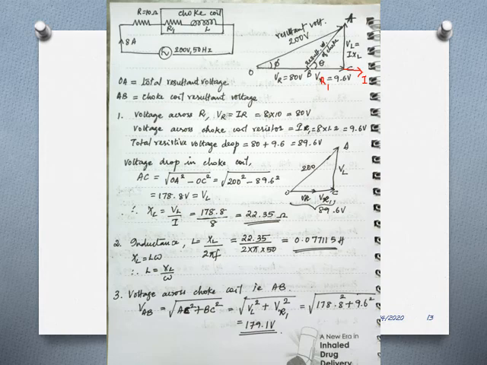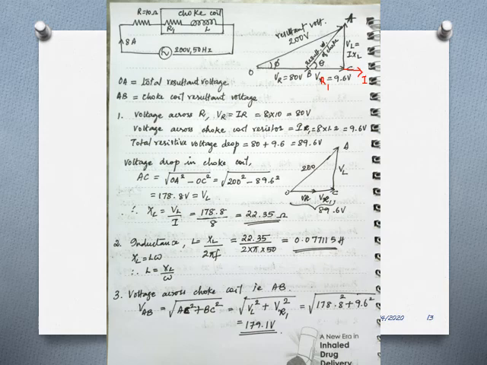So what will be the total voltage across these resistances? That is OC will be equal to OB plus BC. OB is 80, BC is 9.6. So the total voltage across the resistances alone will be 80 plus 9.6, that is 89.6 volt.